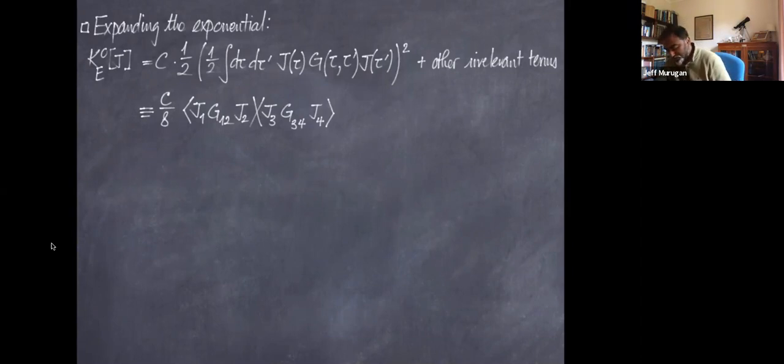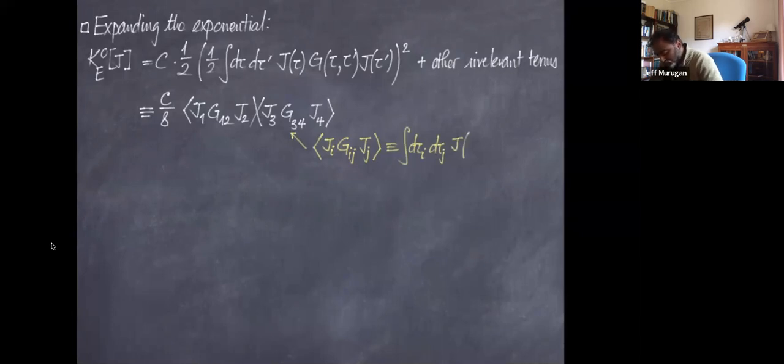An object like this, more precisely, something like J_i G_ij J_j, is my notation for the integral over tau_i, tau_j of J of tau_i, G of tau_i, tau_j, J of tau_j.